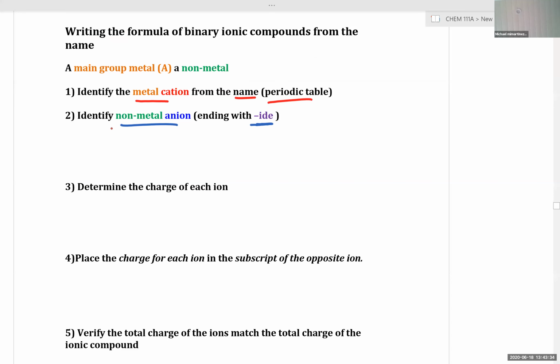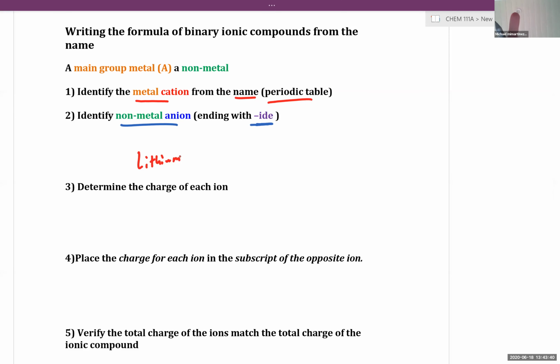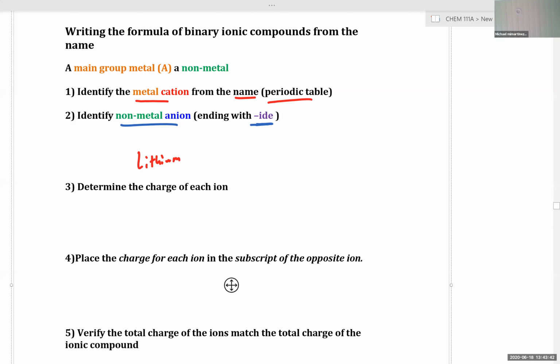So for example, if you see the name lithium nitride, for example, the IDE ending tells us that our anion is derived from nitrogen. So we have nitrogen 3-.